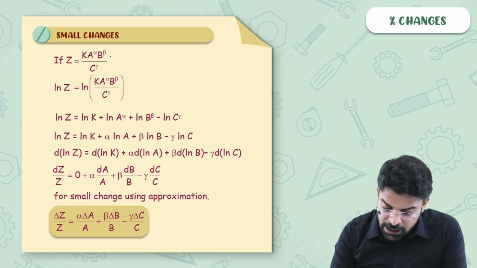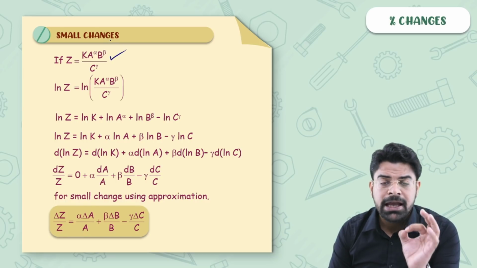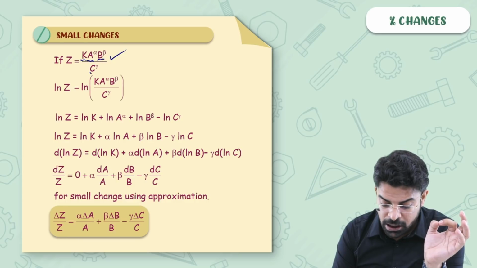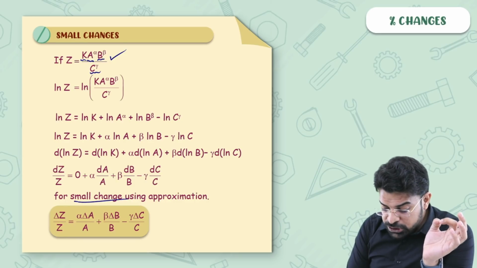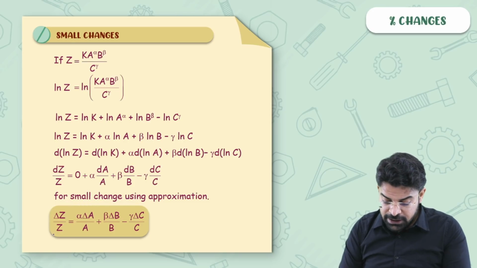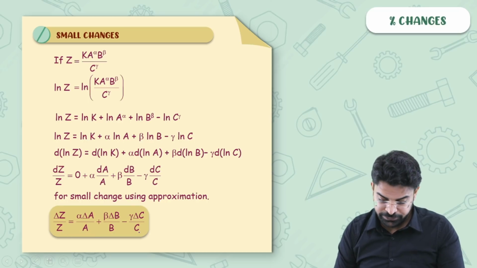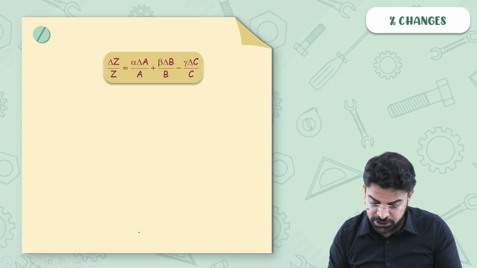First, if a quantity Z depends upon A, B and C as a constant times A raised to power of alpha, B raised to power of beta upon C raised to power of gamma, then for small changes you can write delta Z by Z equals alpha delta A by A plus beta delta B by B minus gamma delta C by C. Let's talk a little bit more on this.